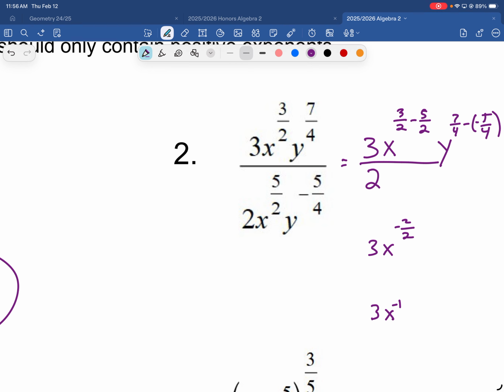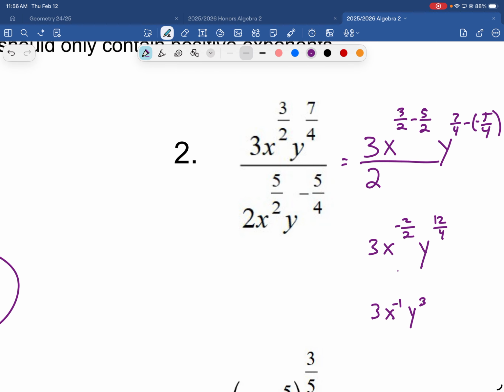Even though that's negative, we still subtract. Subtract a negative, then it really just becomes 7 minus negative 5. So 7 plus 5 is 12 over 4. 7 minus negative 5 is 12. 12 over 4 is just 3 over 1. So we can just put it that.